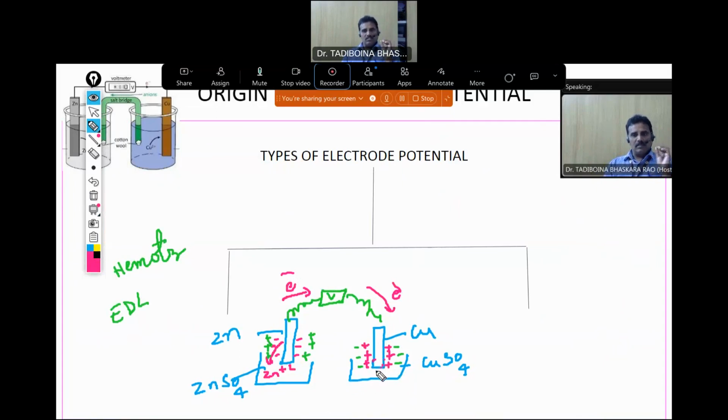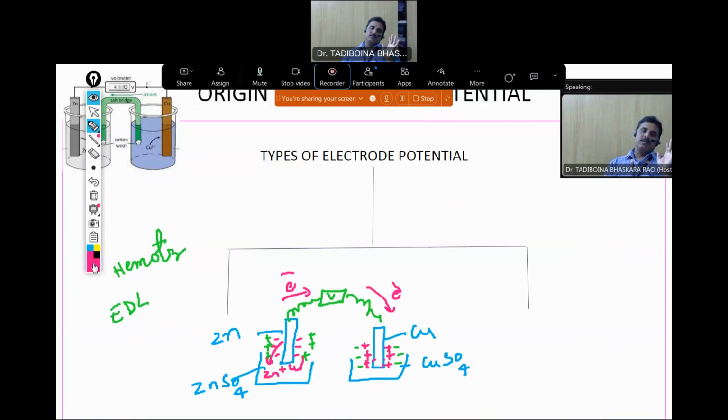Thus, the Helmholtz electrical double layer will be diminished. In the same manner, at the anode or zinc electrode, the negative charge is there. The electrons are moving from zinc to copper. Whenever the negative charge is diminished here, the zinc ions will go back into the electrolyte. Thus, the Helmholtz electrical double layer will disappear.